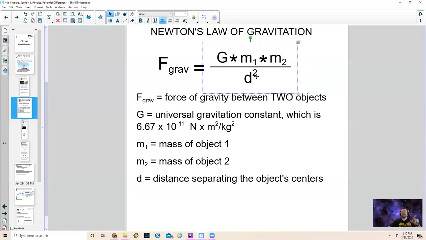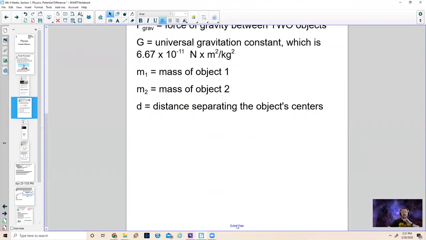But the distance is different. Because the distance is on the bottom, because it's the denominator, and it's going to divide into the other things, then something's going to happen to my force. When we increase distances, I'm going to decrease force. And so there's a relationship that happens then.